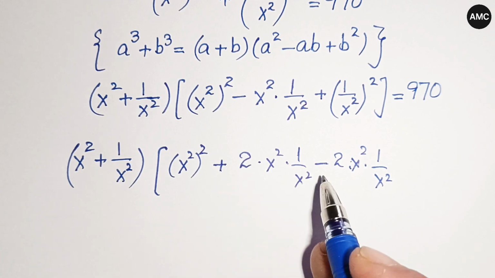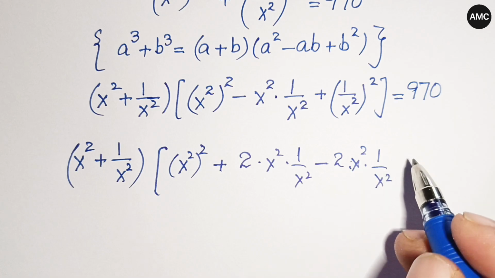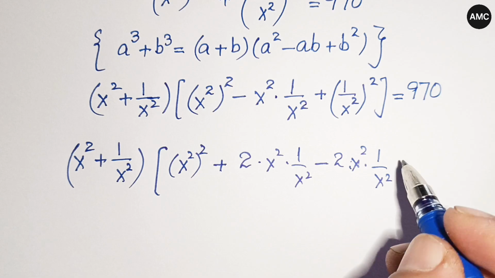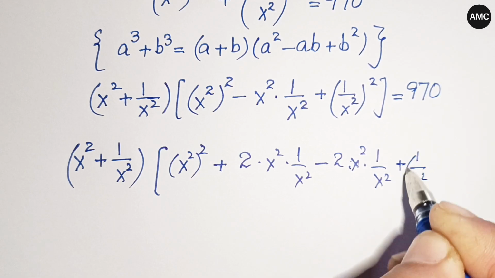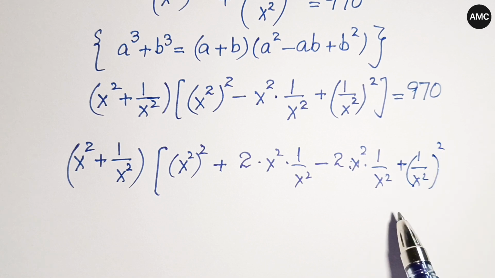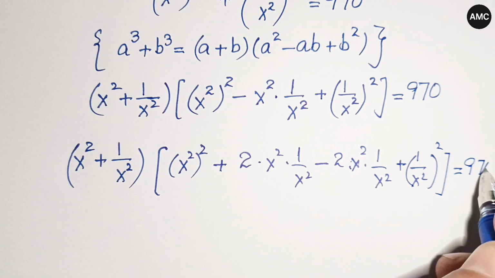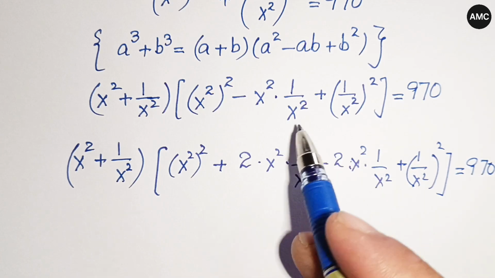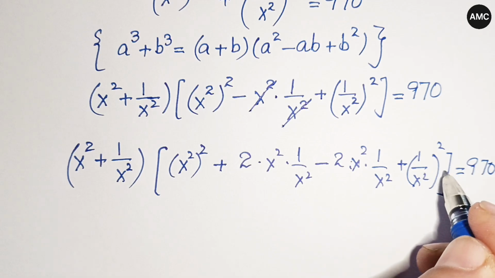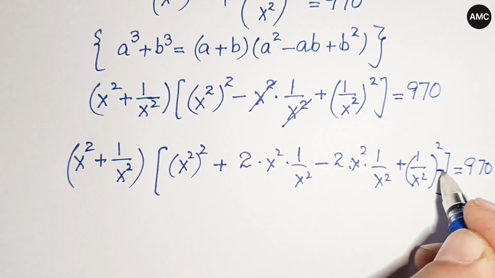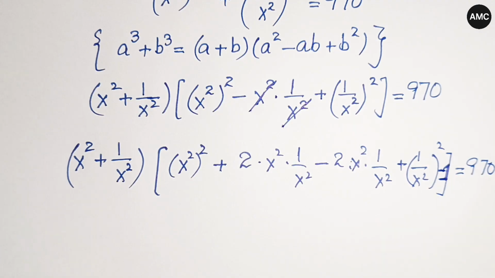We add this term and subtract it, and we have plus 1 over x squared whole squared, equal to 970, with the minus 1 as well.